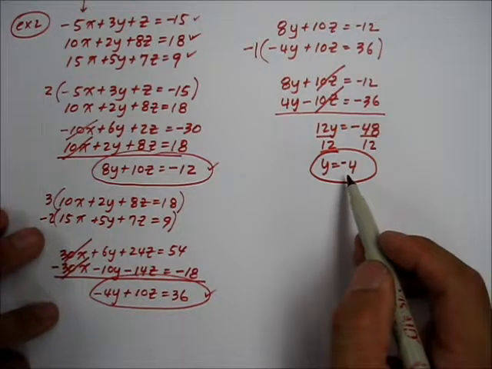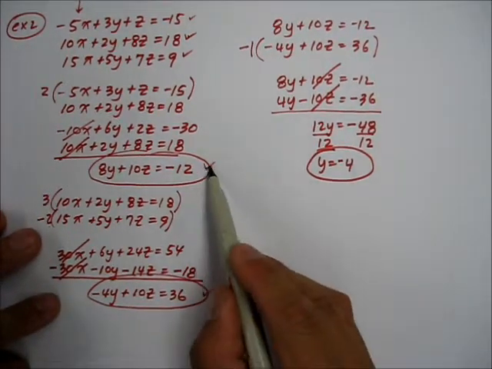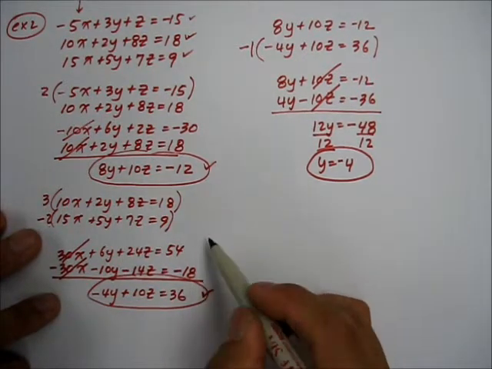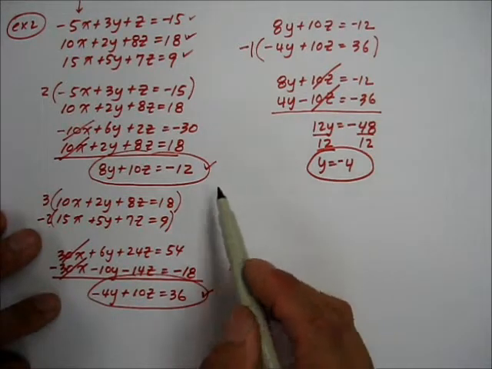Now, how do you find the other variables? Well, you could plug into either the first or second equation of the second step. What do you think, where am I going to plug it in? Yeah, I'm going to plug it into this one.